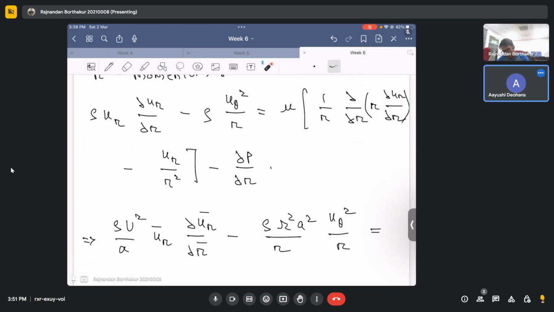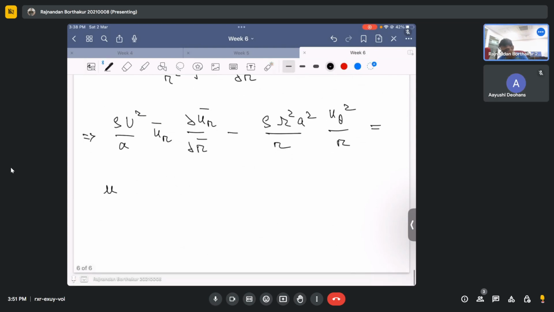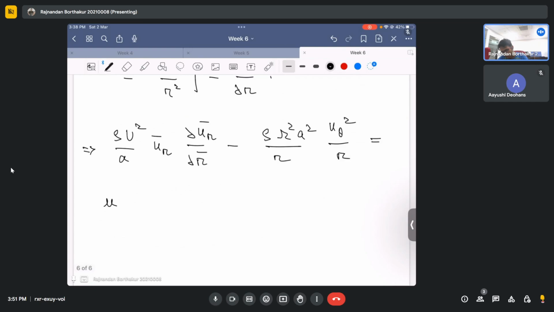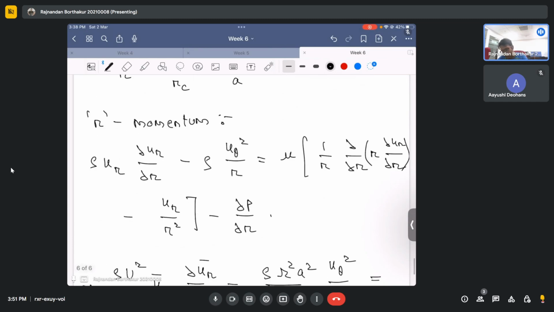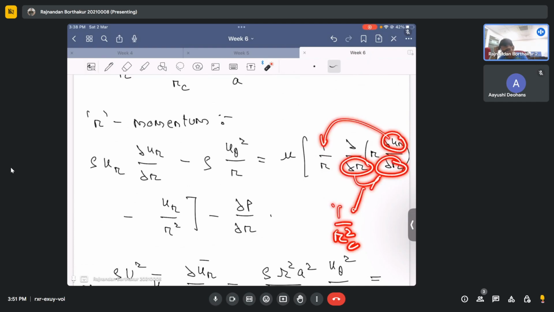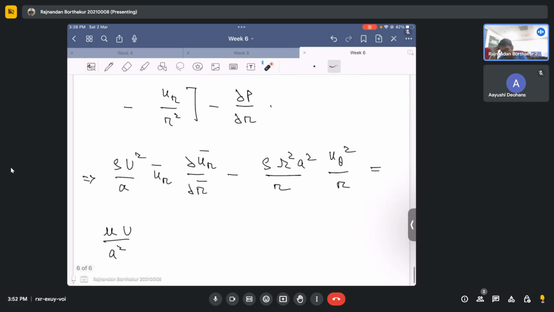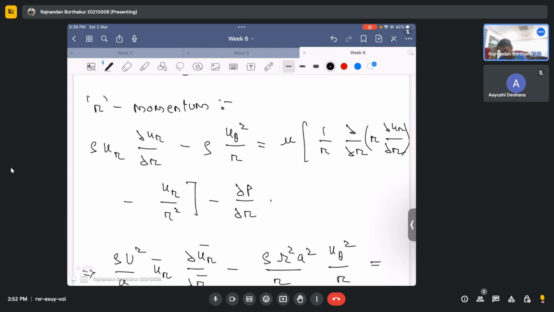U by a squared. Exactly. It would be u by a squared. Good. So it would basically be mu u by a squared. This is very simple, because this r and this r would basically cancel, so you don't need to bother about that. There is this del r and del r here, so that's why this 1 by r c squared would come out. And also there is this u r, and that's why there would be a u that comes out. So this becomes u by a squared, and this mu was initially there.